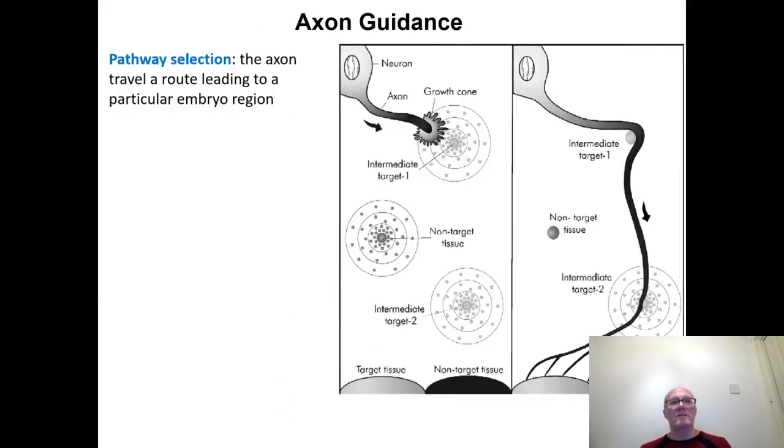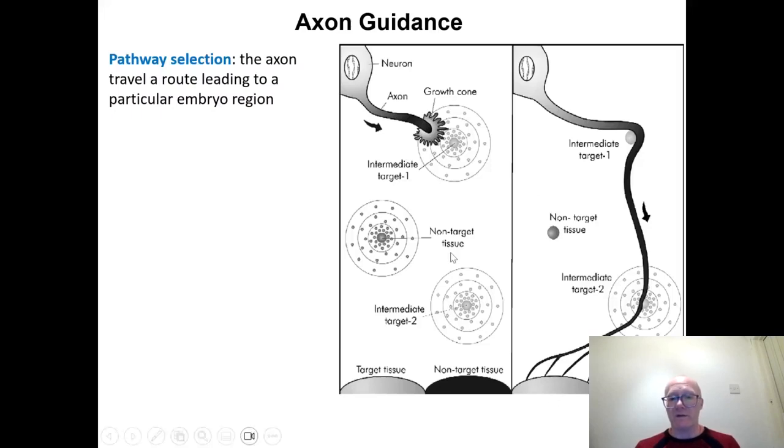So how does axon guidance actually work? Well, axon guidance has three important phases, if you want. The first one is pathway selection. During pathway selection, the axon travels toward positive stimuli and away from negative stimuli, and more or less the axon moves toward the tissue that it should reach.